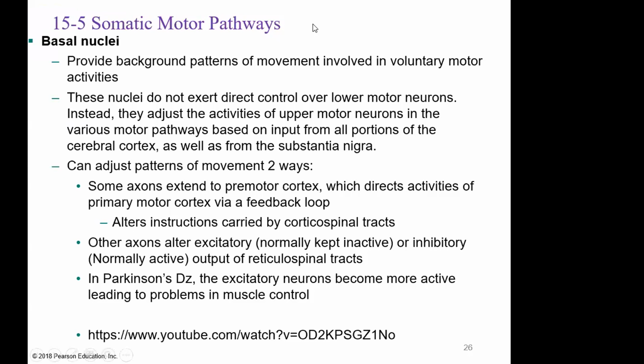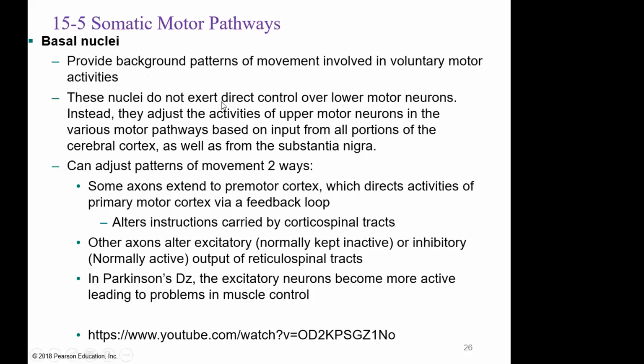Remember the basal nuclei we talked about in the brain when we referenced Parkinson's: the shuffling type gait, the inability to stop the tremors within their hands even when they attempt to stop them. That just doesn't work, because the basal nuclei provide that subconscious control. So it provides the background patterns of movement that are involved in your skeletal control.